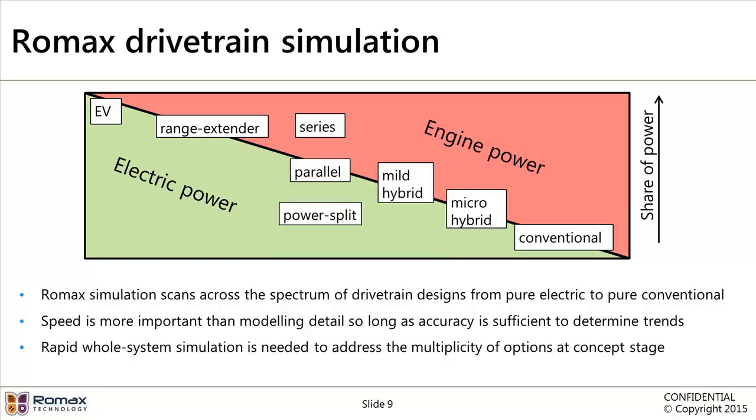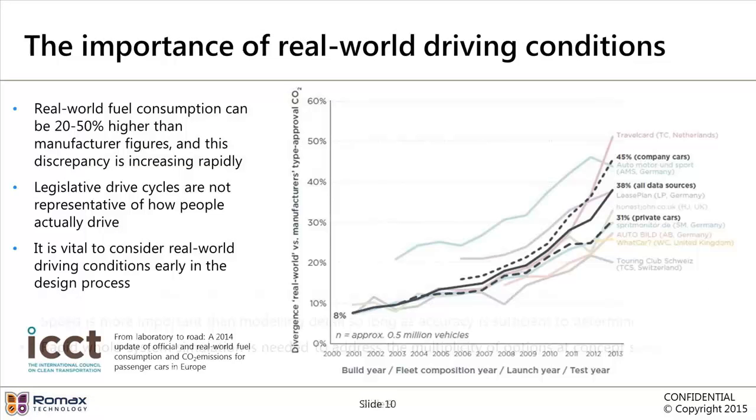Traditional vehicle simulations tend to be computationally intensive, which means in practice you don't really investigate the whole of the design space. As well as the design of the vehicle itself, it's very important to consider the driving conditions.